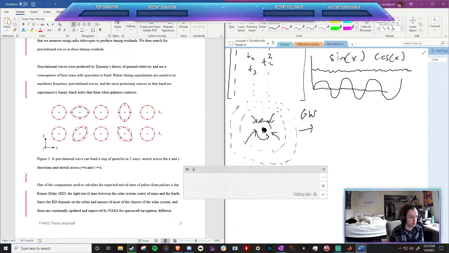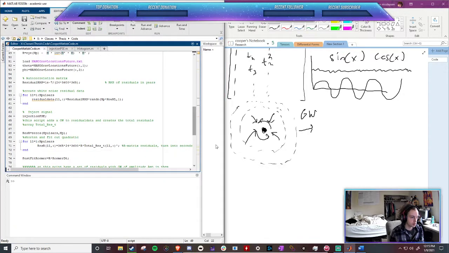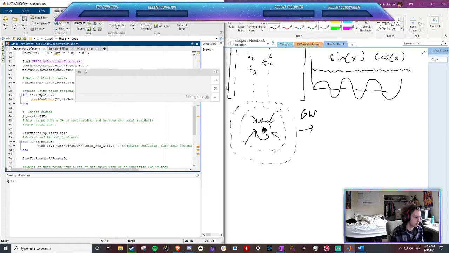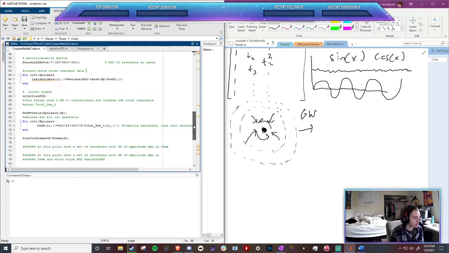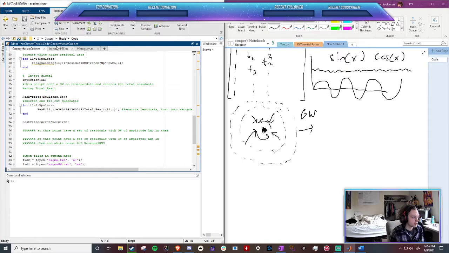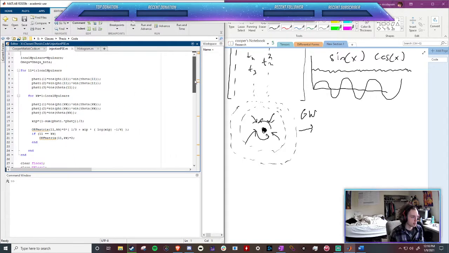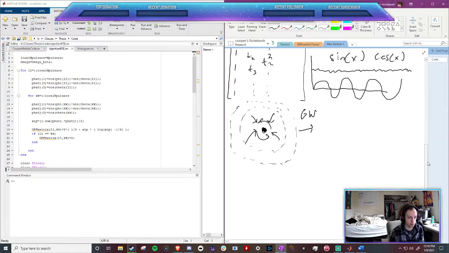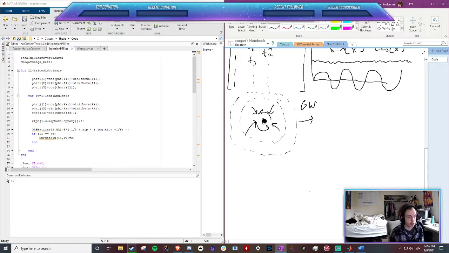So, what the code does next, stop. It basically grabs this other code and it takes a pulsar. Another thing to talk about.